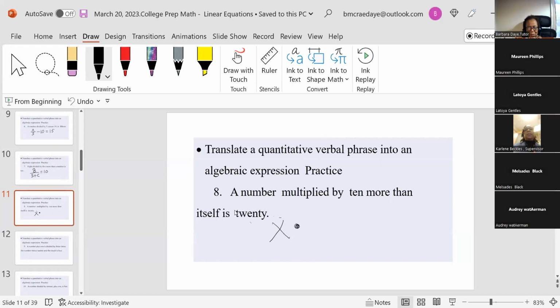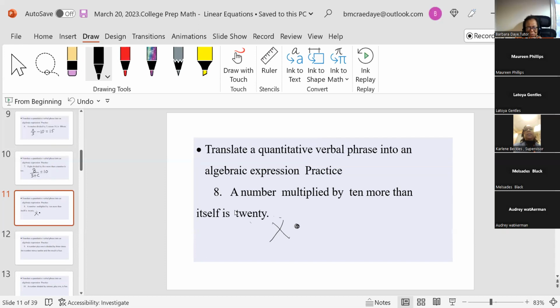What is it multiplied by? 10 more than itself. More than means add. X plus 10, and that is 20.